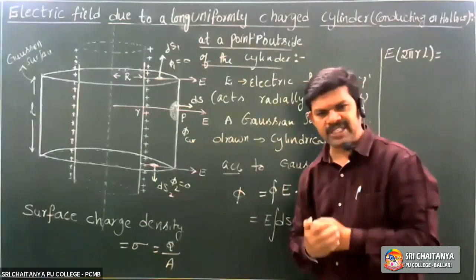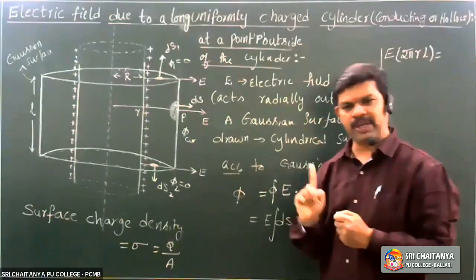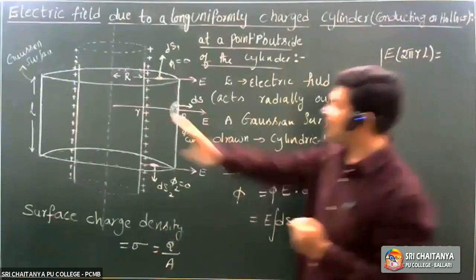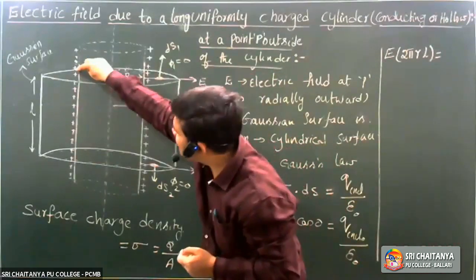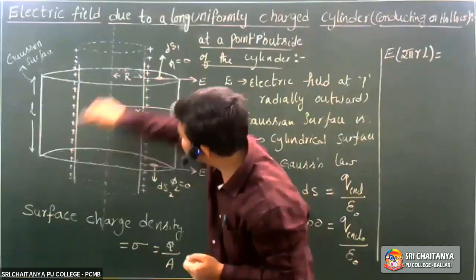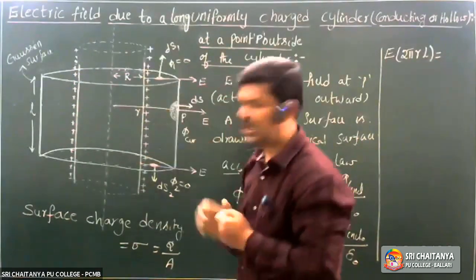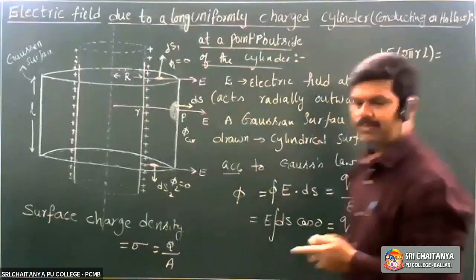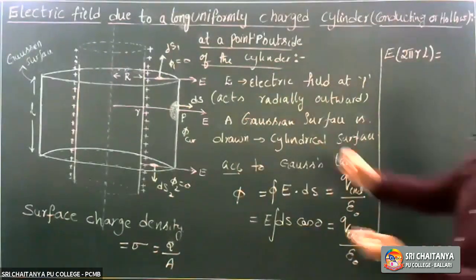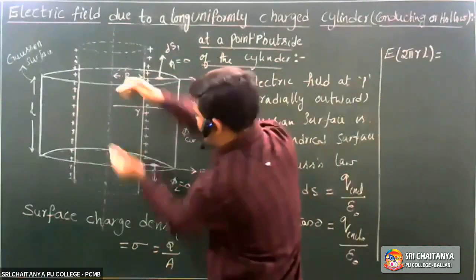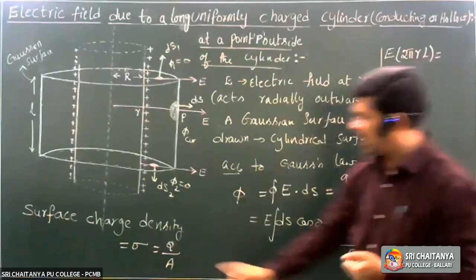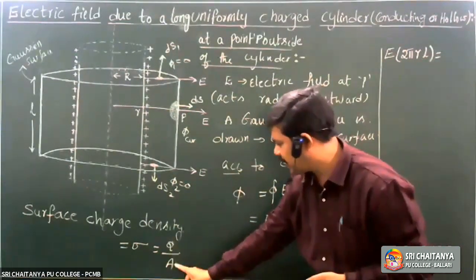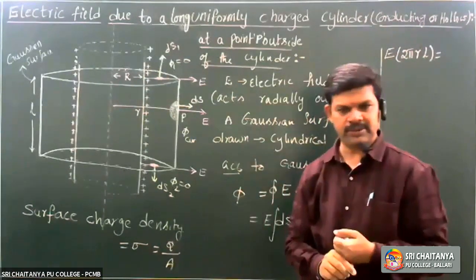What is meant by surface charge density? Charge per unit area. So for this area enclosed, what is the charge? Q is area enclosed into surface charge density. Or you can say Q is equal to sigma into A enclosed.